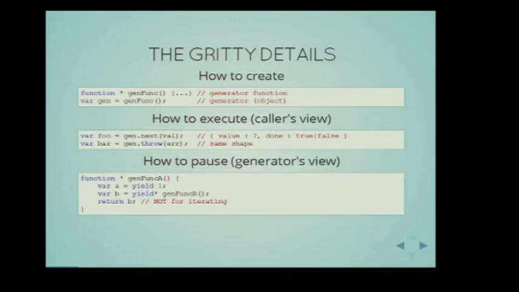A generator function is basically like a constructor for generators. So no matter how you call it, you get a generator back. And once you have a generator, there's 2 ways you can interact with it as a caller: the next function and the throw function. And when you're in the generator, there's extra syntax too, the yield keyword, which we'll use to pause the generator.